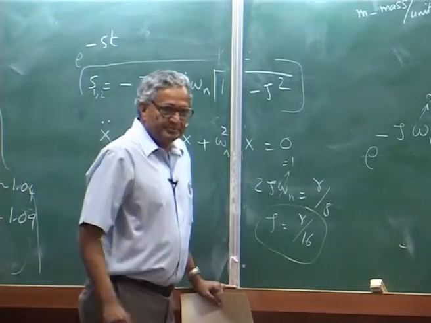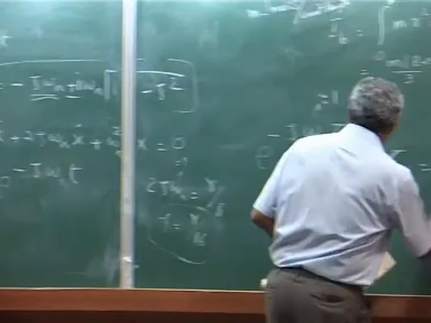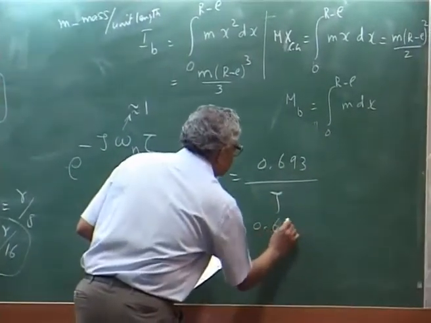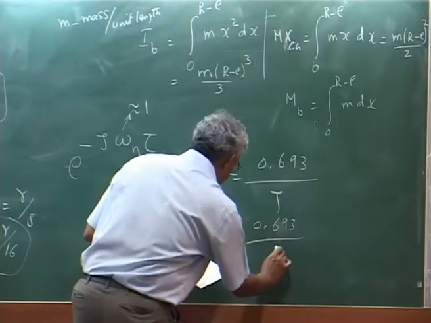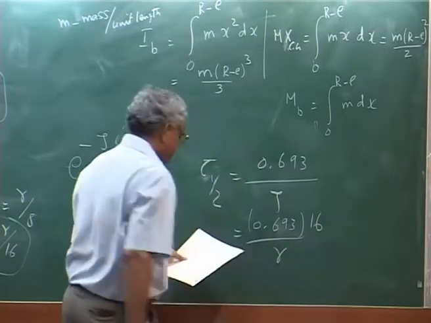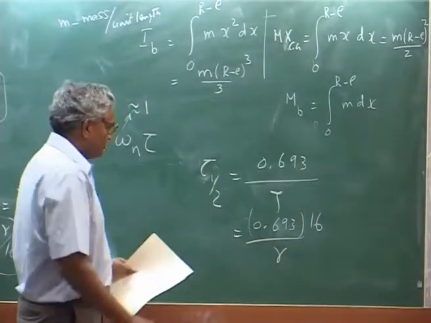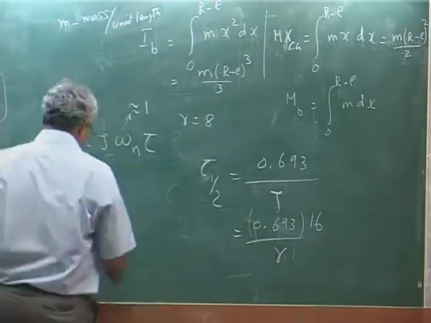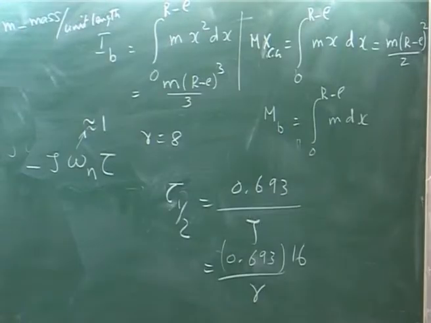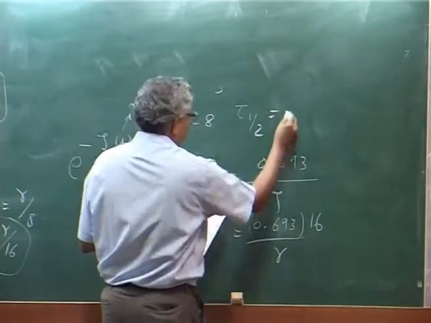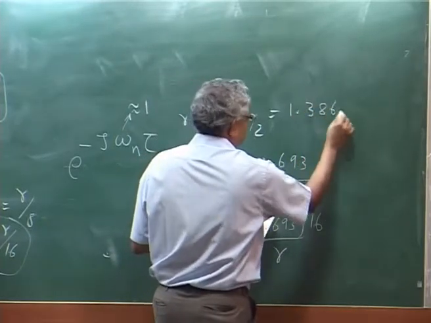So the time for half amplitude is 0.693 divided by gamma over 16. If you take gamma equals 8, the time for half amplitude becomes 1.386, and this is non-dimensional time.